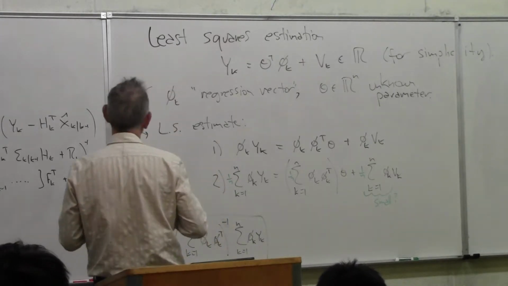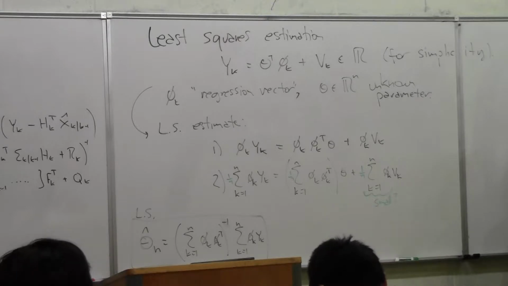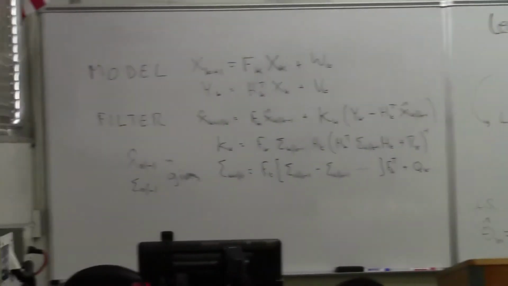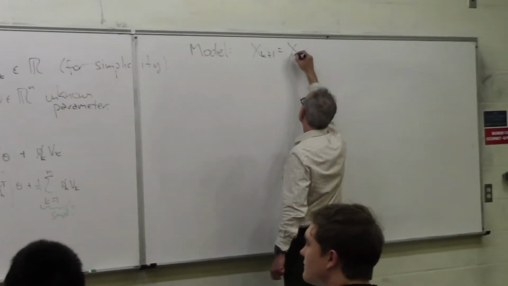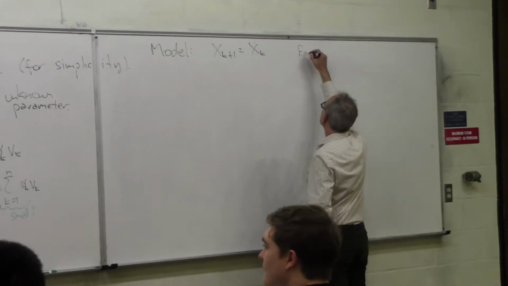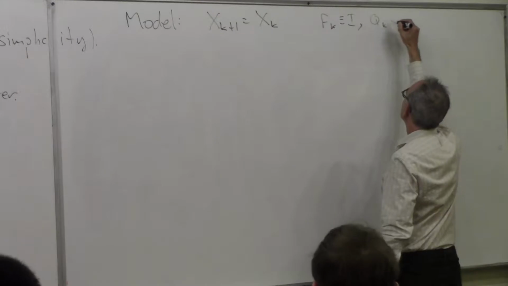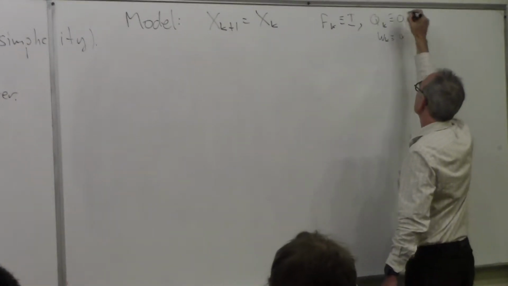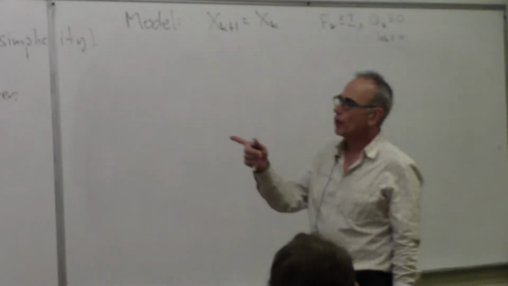Let's do it. So our model is x_{k+1} equals x_k. Okay, so the noise was 0, so we call Q_k, the covariance of the noise, 0. And then we have our observations.